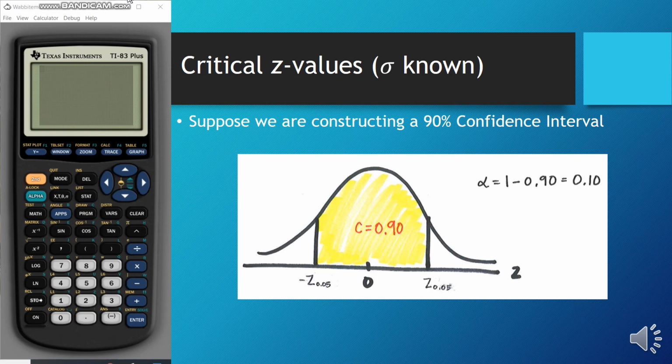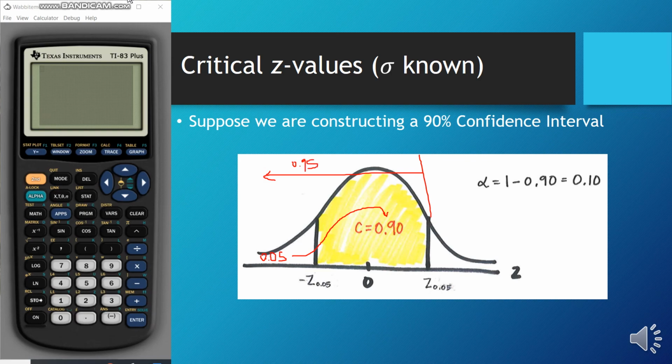Now, I know that I have to add up a little bit. I have 0.05. Let me see, I'm going to draw here for you. All right, so we have 0.05. So 0.05 plus 0.90, that means the area to the left of this line would be 0.95.